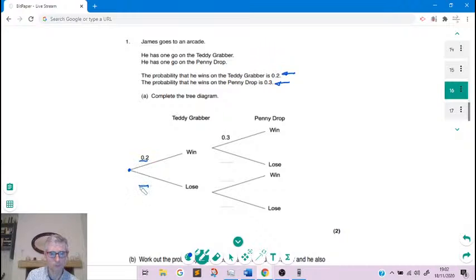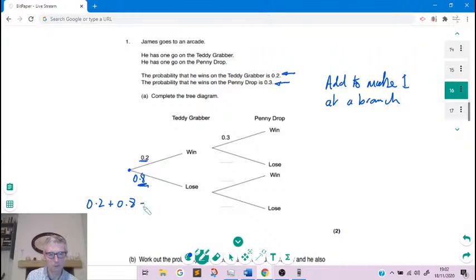So we've got 0.2, and whatever value this is at this branch must add to make 1. If this was 0.8, then 0.2 plus 0.8 would equal 1. So that's why that's 0.8, because they add up to make 1.